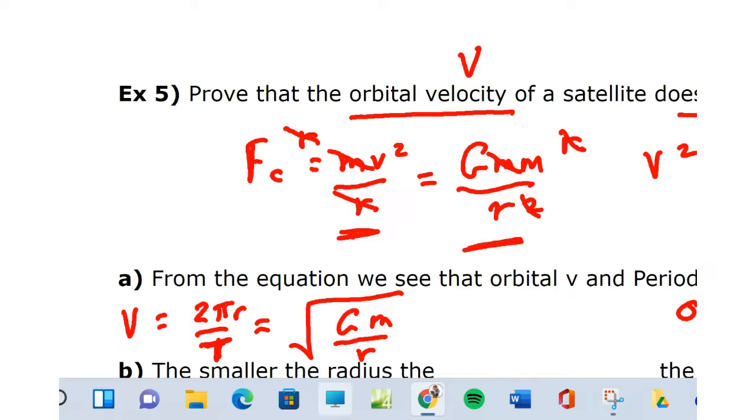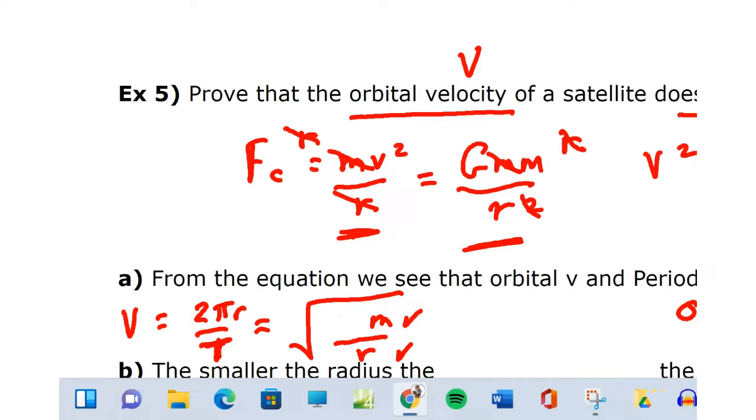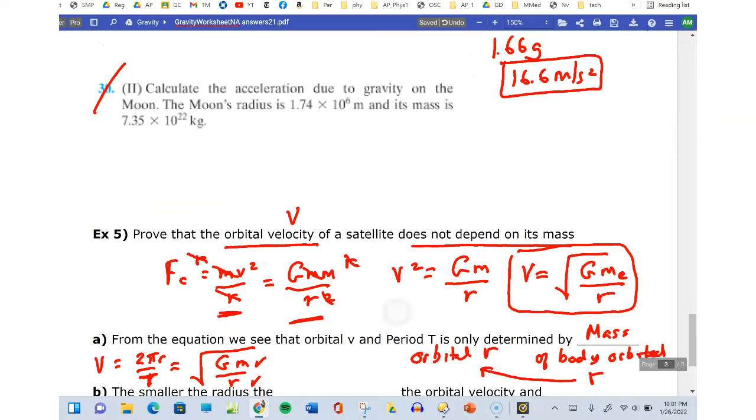Well, look at the equation. Once again, it depends on M, the mass of the body being orbited, and r. M is the large body being orbited. G is just a constant. It's a number. It's not little g, it's big G, a constant.